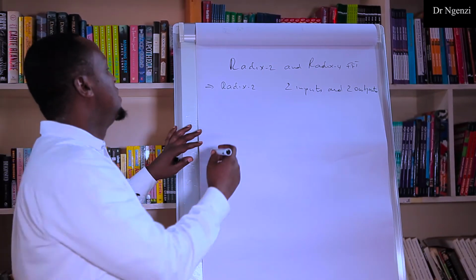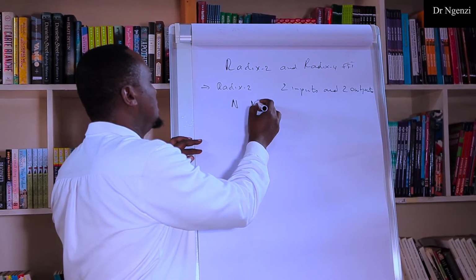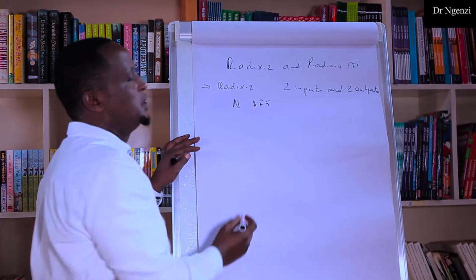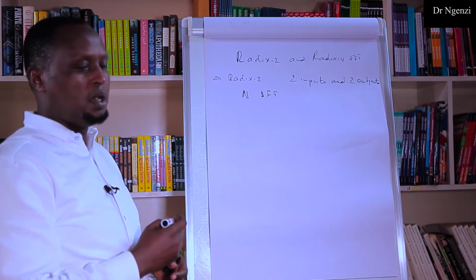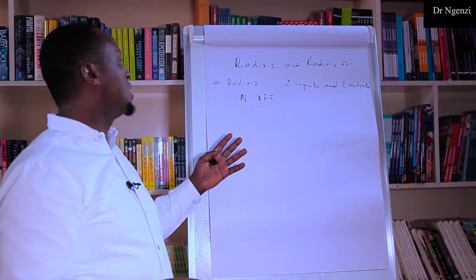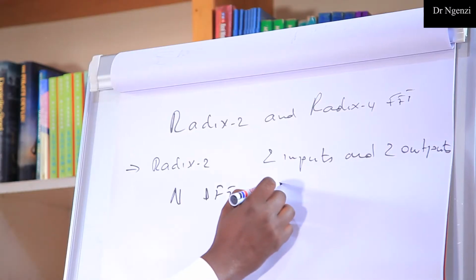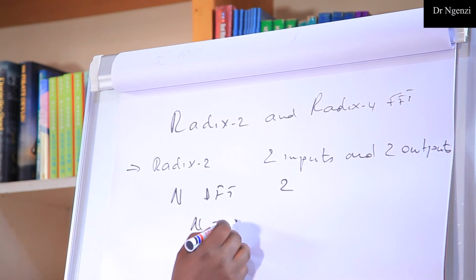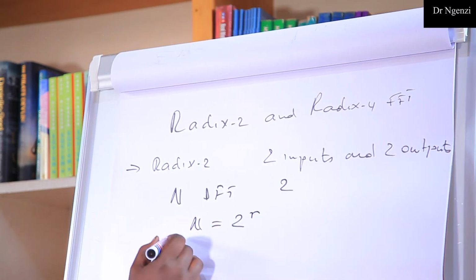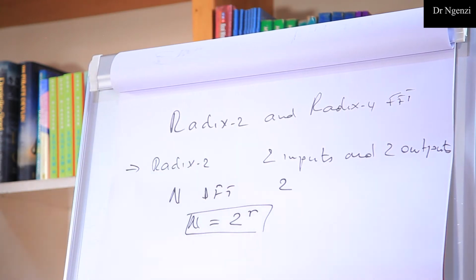So we have to divide the N-point DFT, and remember with the power, of course, if there are 2 signals, 2 inputs and outputs, we have to get the power of 2. In this case, N is going to be 2 power r, as in our RADIX-2.